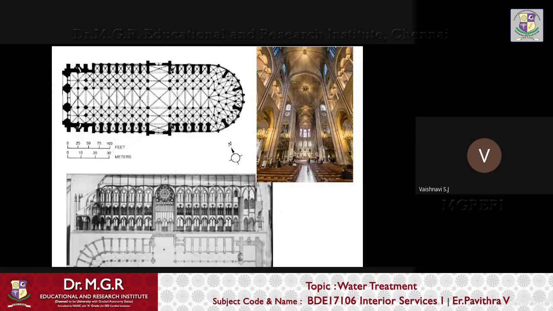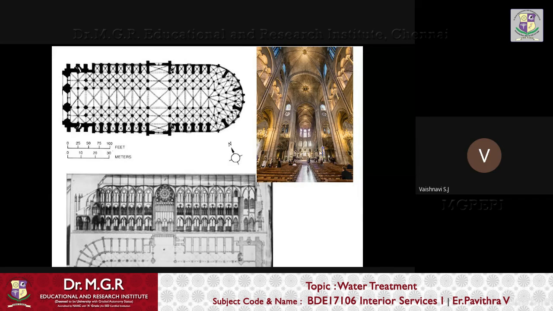What plan is this? Which cathedral's plan is this? Notre Dame, ma'am. Correct. So you can see how the interior has been made. There's a lofty interior.